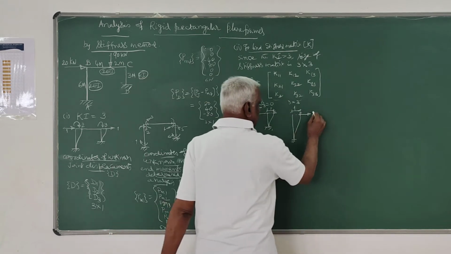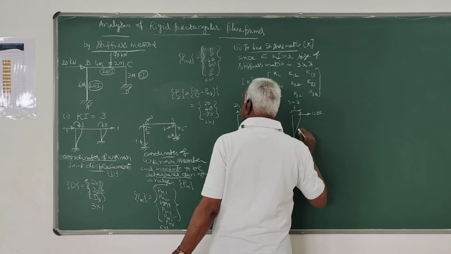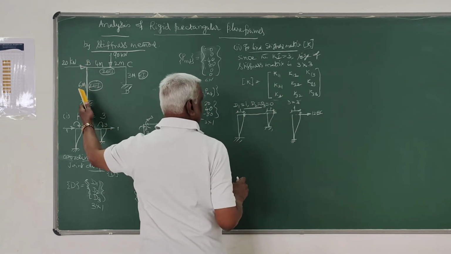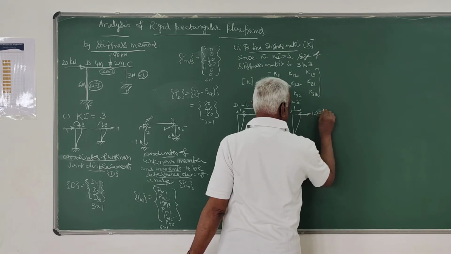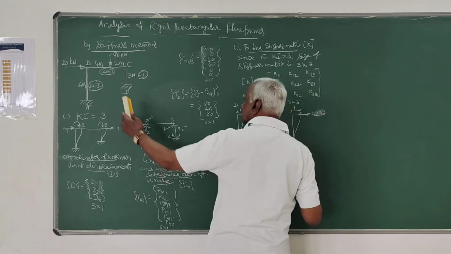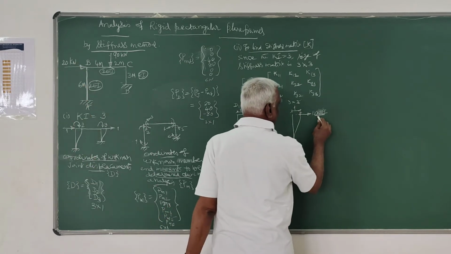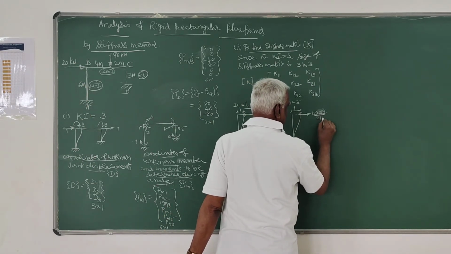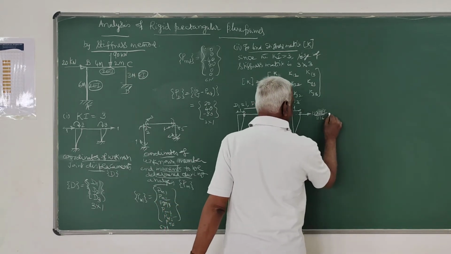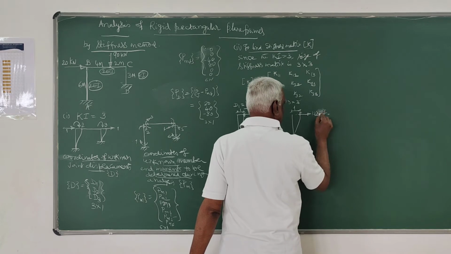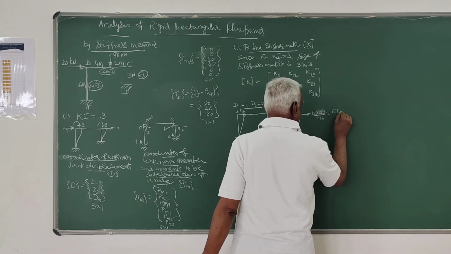And that force, as per our notation, is 12 EI by L cube. It is 12 into EI, where EI is 2 EI, divided by L cube. For the member AB, L cube is 6 cube, that is 216. That is EI by 9.